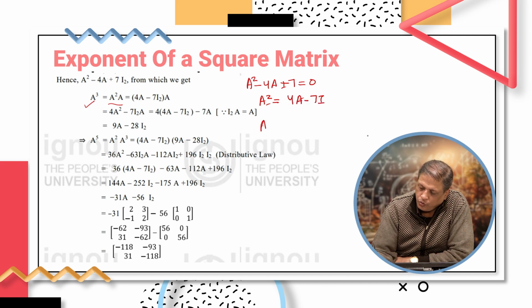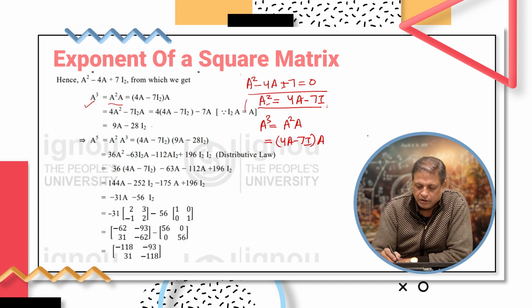So A cube will be equal to A square into A, that is 4A minus 7I into A, because A square is equal to 4A minus 7I.